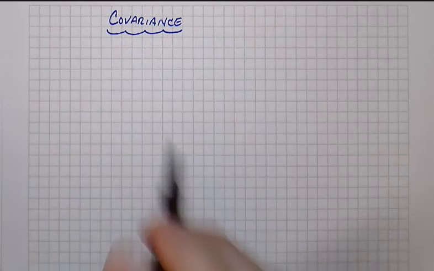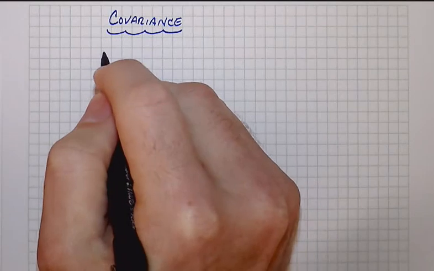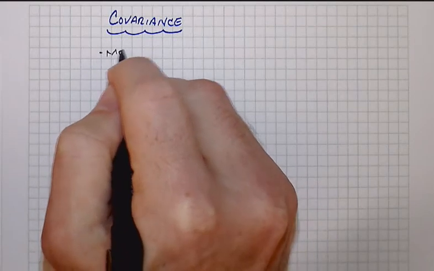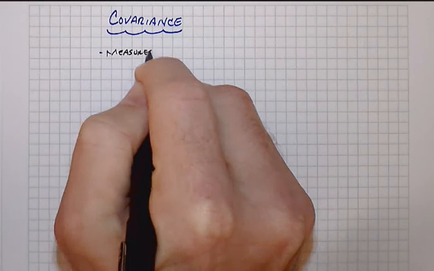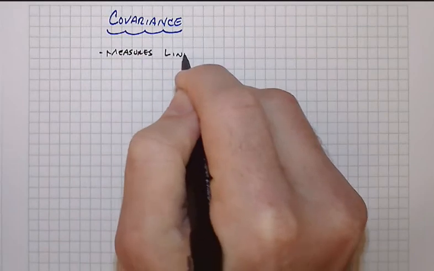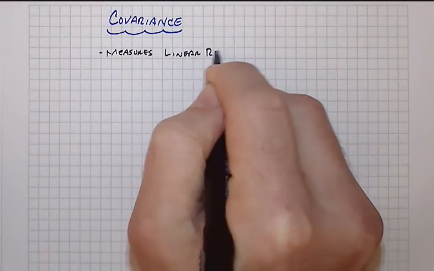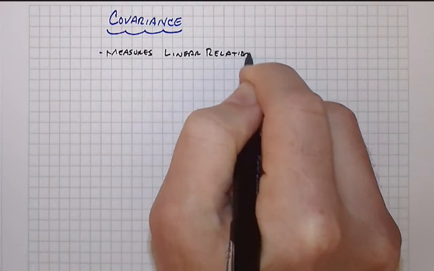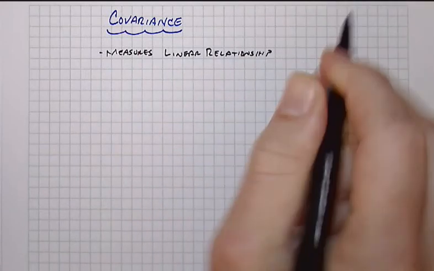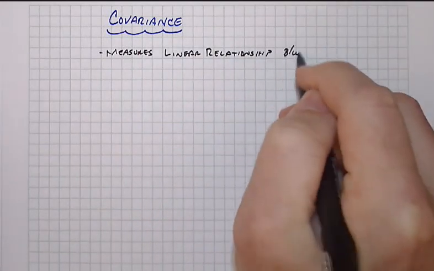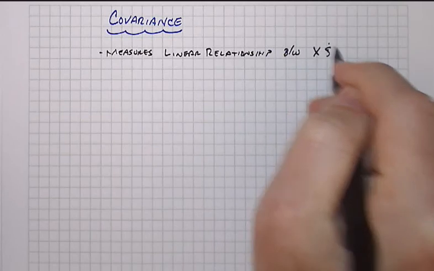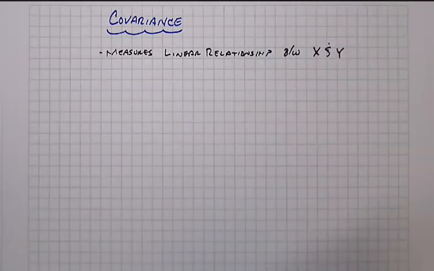Here we're going to get into covariance, which in itself measures the potential linear relationship that exists between two random variables. And by the time we're done, we'll broaden this out to multiple random variables as well, at least in some sort of context.